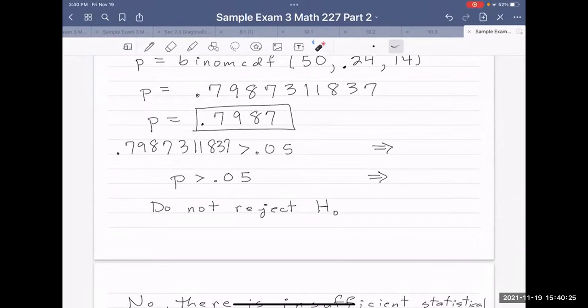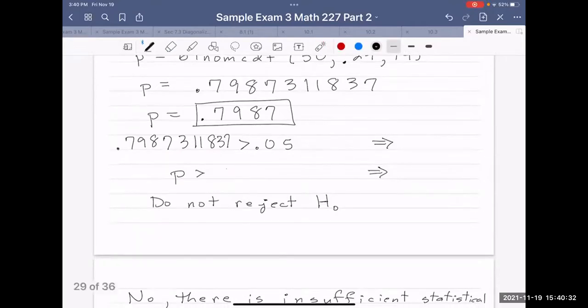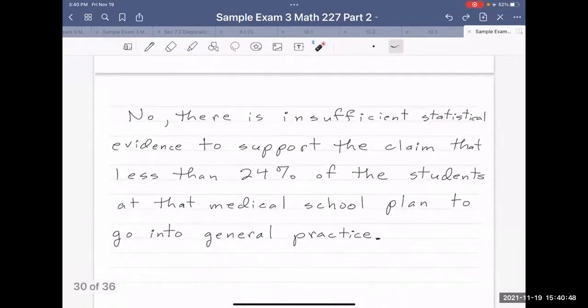And so P is bigger than alpha. Therefore, you are not in the rejection region. So you do not reject the null hypothesis. So no, there is insufficient statistical evidence to support the claim that less than 24% of the students at that medical school plan to go into general practice.